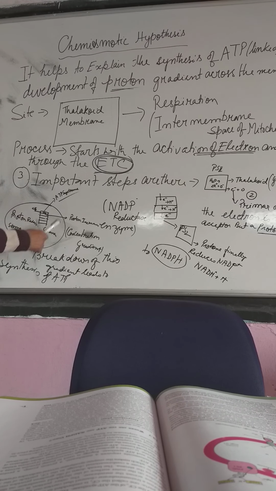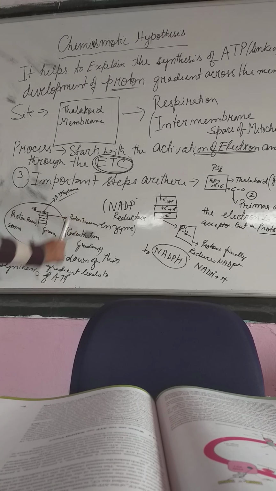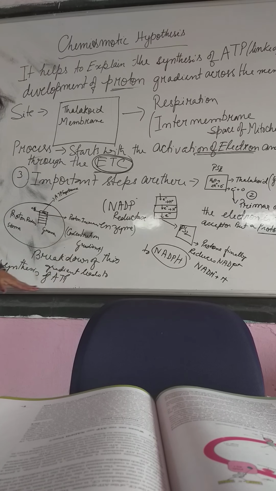Since it is going against the proton gradient, it synthesizes ATP, which is produced here in photocenter 2. So this breakdown of gradient leads to the synthesis of ATP. It is synthesized once the breakdown of the gradient is there. So against the gradient, ATP is used for the proton pump, as well as ATP is also produced here. Here it is used up in the proton pump.